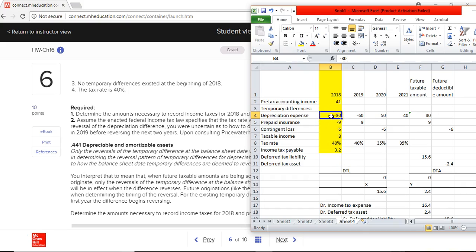We have a negative 30 of depreciation adjustment, but the next year we still have a negative amount. We don't see a reversal of 30 until 2020. How do we treat the deferred tax liability? How do we calculate the deferred tax liability?